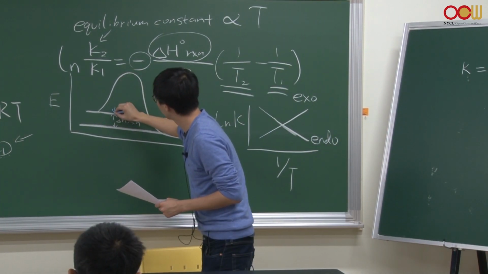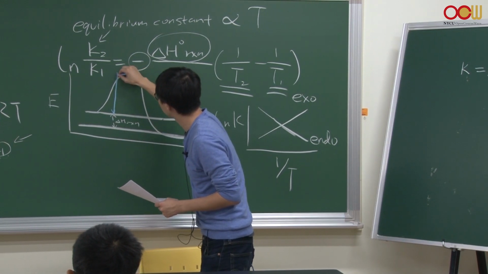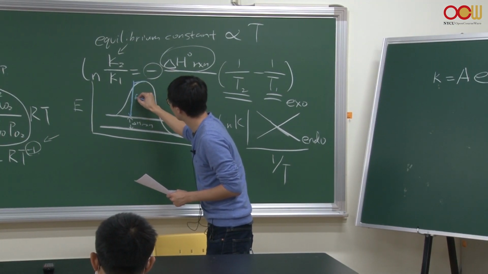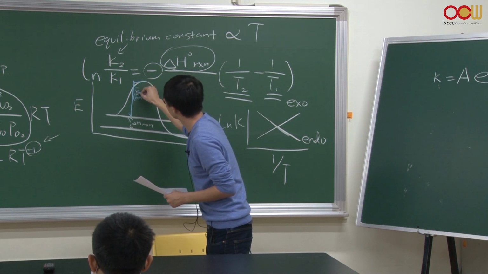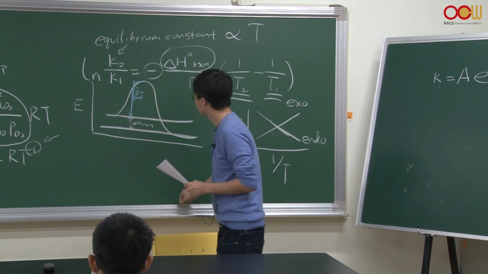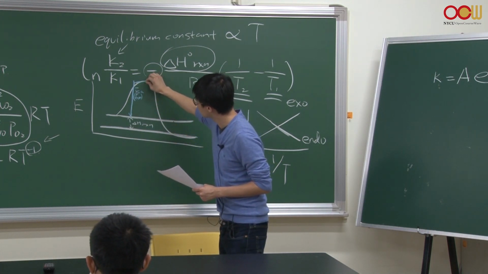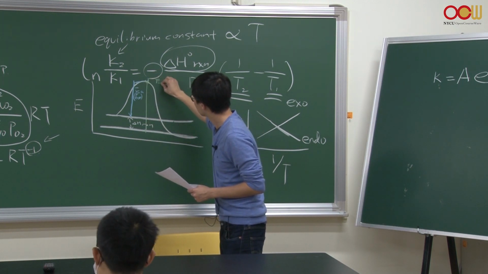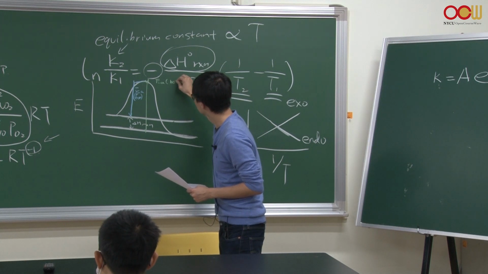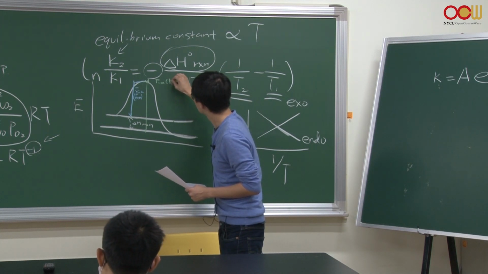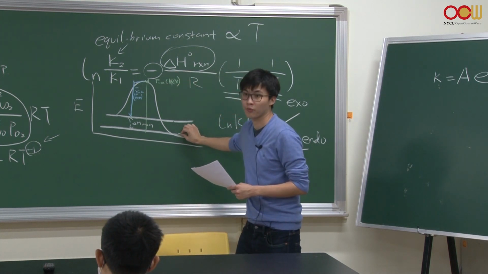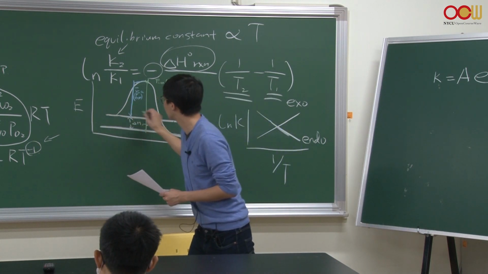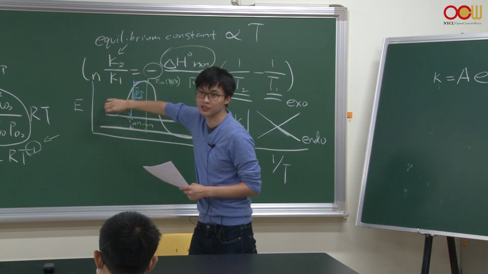So from here all the way to the top, this is the forward activation energy, okay? And from this transition state, that's called the reverse. Okay, that means for your product to go back to your reactant, you have to go over this energy barrier.